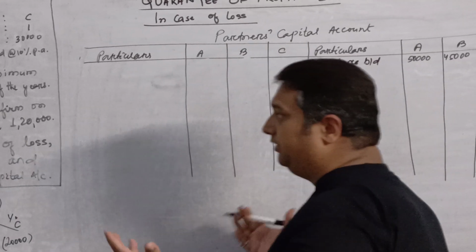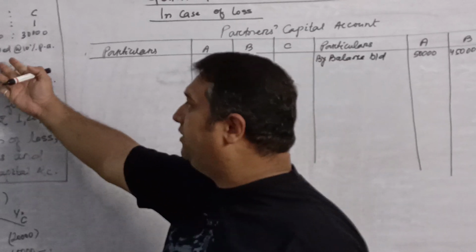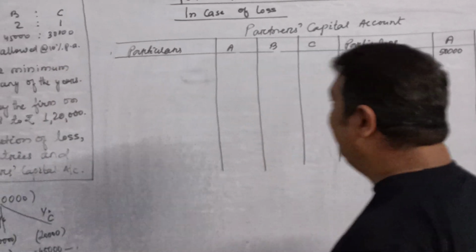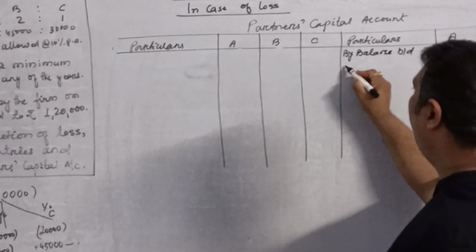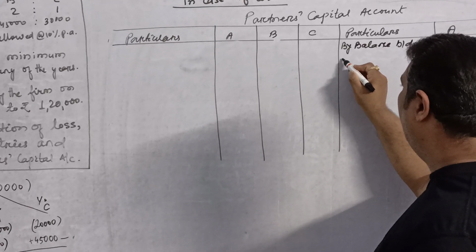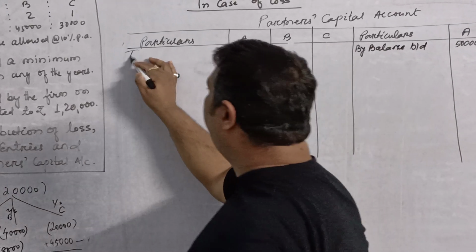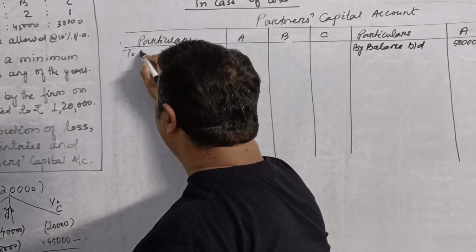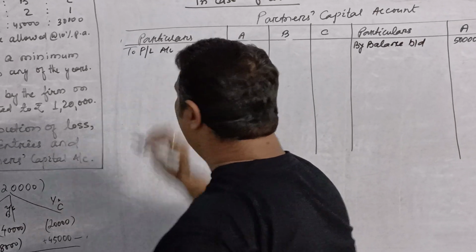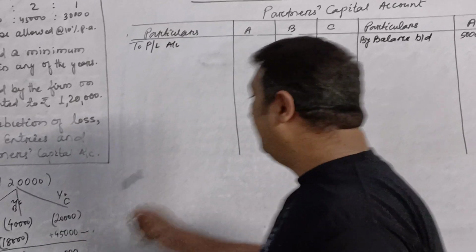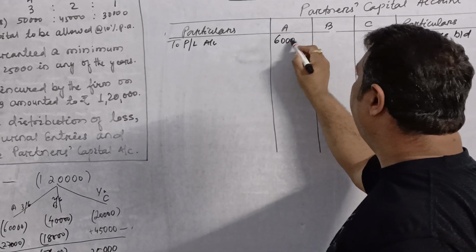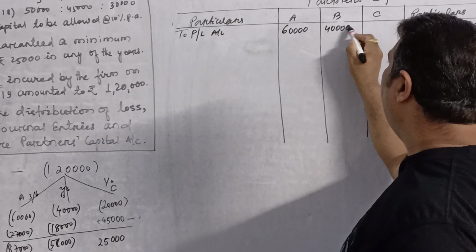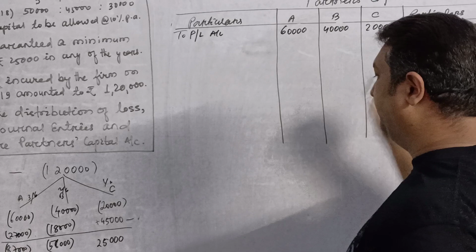Since it's a loss, there is no question of interest on capital to be allowed. We will directly pass the entry for the transfer of loss. The loss will reduce the capital account of the partners. We will pass the entry to profit and loss account. The share of each of them will be rupees 60,000, 40,000 and rupees 20,000.